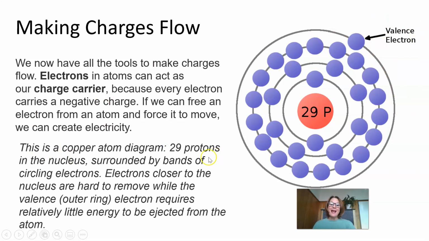So this is a copper atom diagram. It contains 29 protons in the nucleus, surrounded by bands of circling electrons. Electrons closer to the nucleus are hard to remove, while the valence, that's the outer ring of electrons, require very little energy to be ejected from this atom.